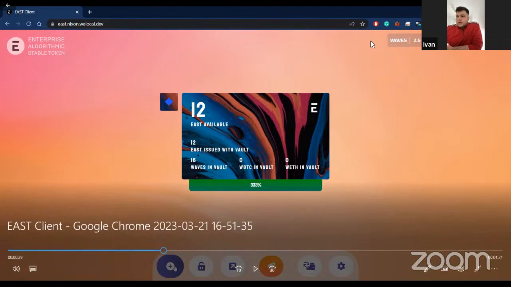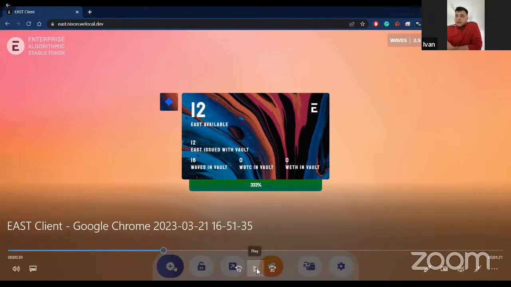Now you can see the token prices are the following. These are not real prices; it's just to demonstrate how it will work. So we issued new ETH and raised our collateral level, and we can move on.